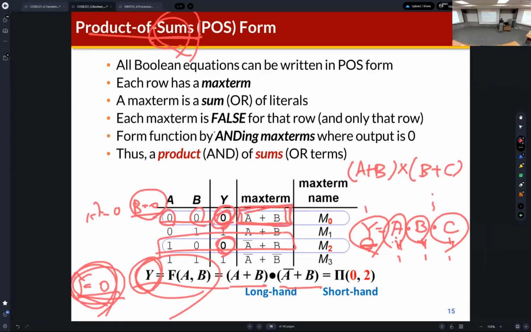In order to make y 0, one of these terms needs to be 0, right? Actually the same. What is different? Only 1 and 0. That's why when we generate the product of sum, we need to figure out the rows that can make y 0. Understand?